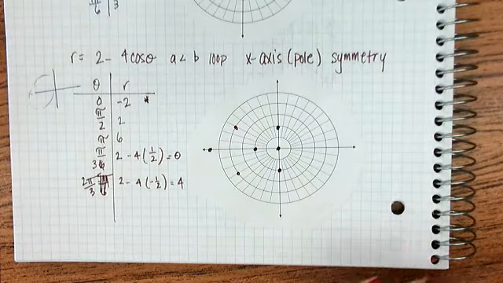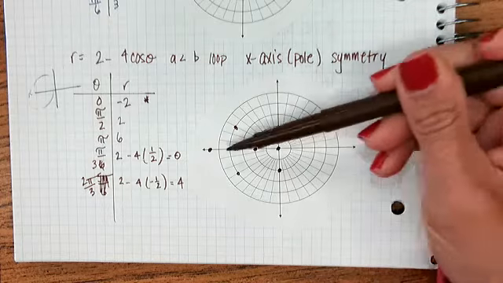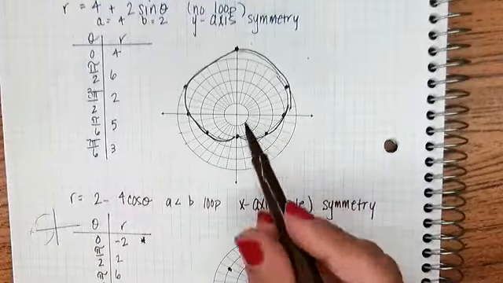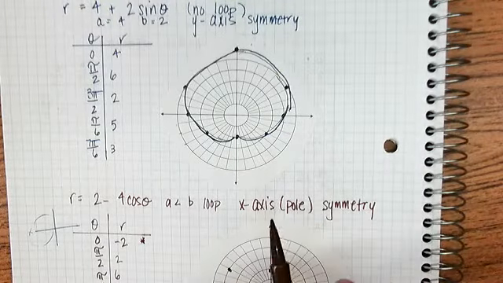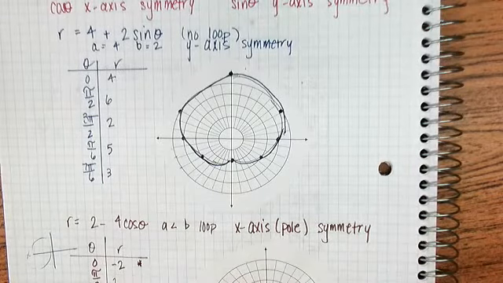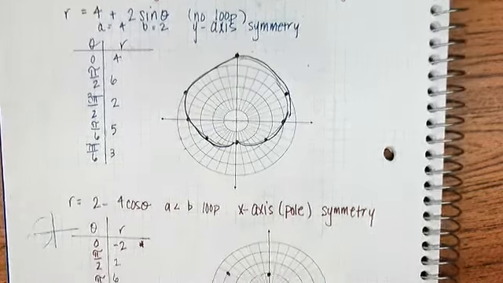Another way that you know this is going to have a loop is because you have 3 points lined up on the same axis. That did not happen when we did a no loop with the a being greater than b. So this is another way you know that it has a loop.